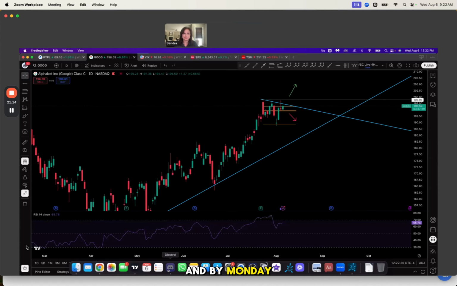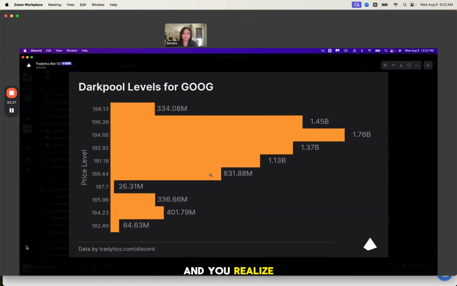And by Monday, you request the dark pool level and you realize all these increase. What would that tell us? That will tell us that it is institutional money buying, because once we reach that dark pool level as support, we bounce with the institutional money activity increasing. So that is letting us know it was a buy.